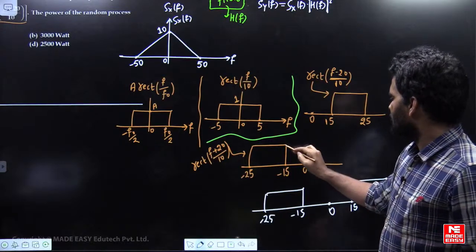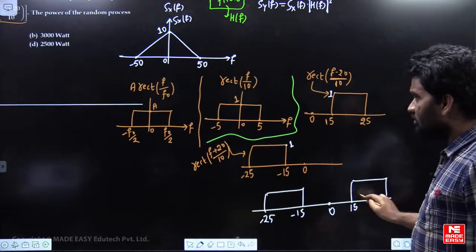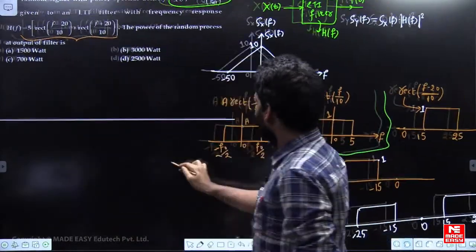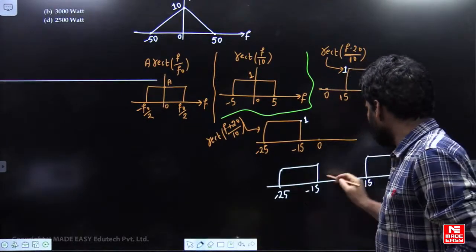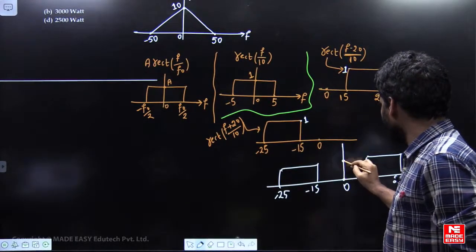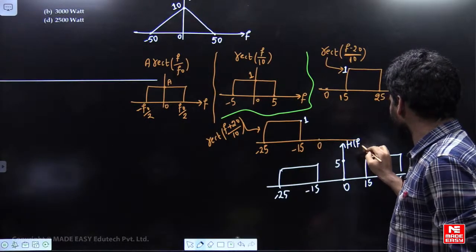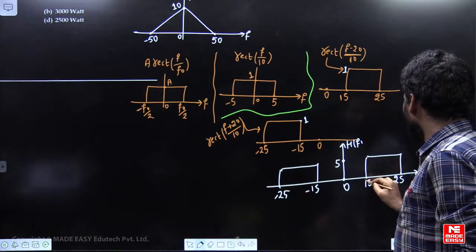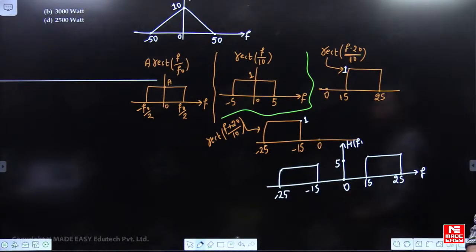The height is of course 1 here, but it is multiplied with 5, so the height you can expect here is going to be 5. What I plotted is HF with respect to F, so it is 15 Hertz to 25 Hertz you can expect. So this is simply a band pass filter.